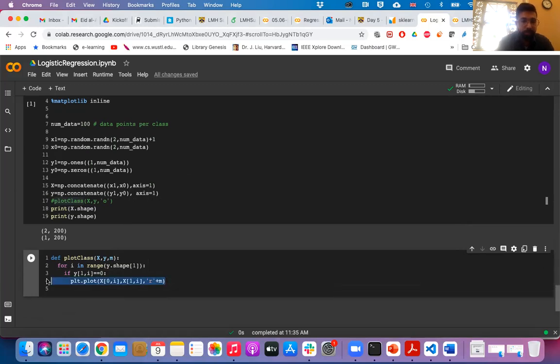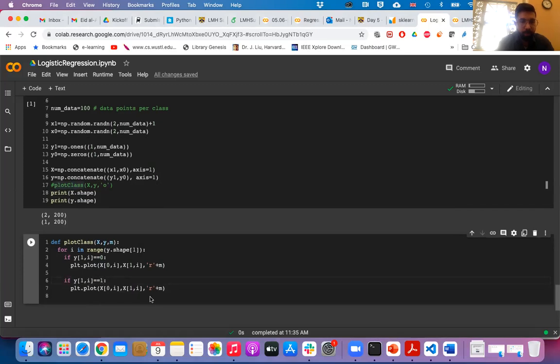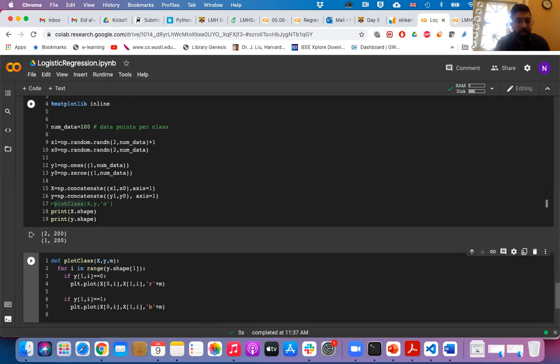And similarly, if this is equal to 1, then do it with blue and marker. So let's see if it's correct. It seems fine. It goes to each data point and plots it. If the data point belongs to class 0, it plots it with red. If it belongs to class 1, it plots it with blue. Okay, so let's run this.